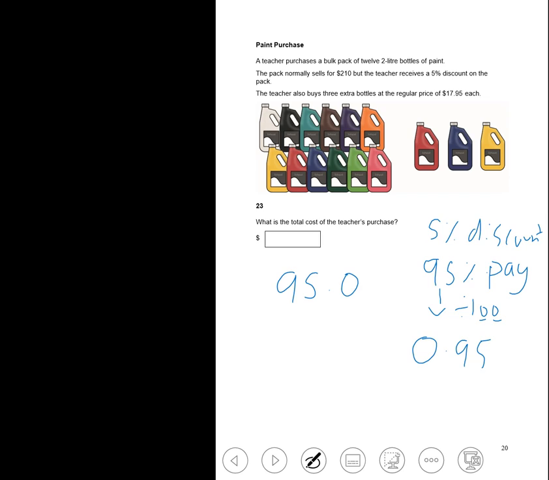There's 2 zeros, so it jumps across twice. 1, 2. That's where our new decimal place will be, 0.95.